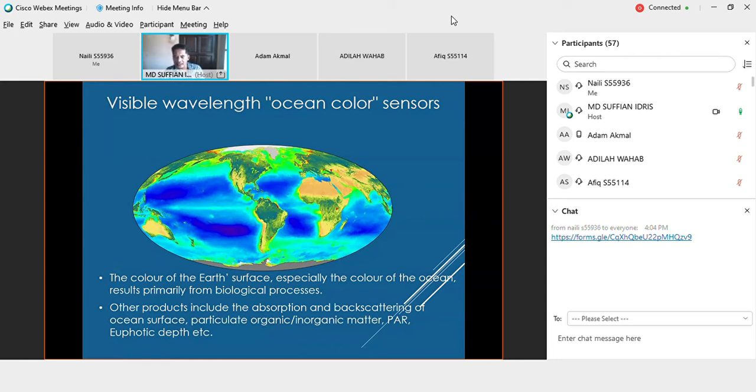So sebagai ocean color, dia reflect pada proses biologi, especially from phytoplankton. So other products include the absorption and backscattering of the surface ocean. Absorption and backscattering is the optical properties of seawater that relate to particles in the ocean. So kita ada particulate organic, inorganic matter, and so on. That one is an ocean color product.